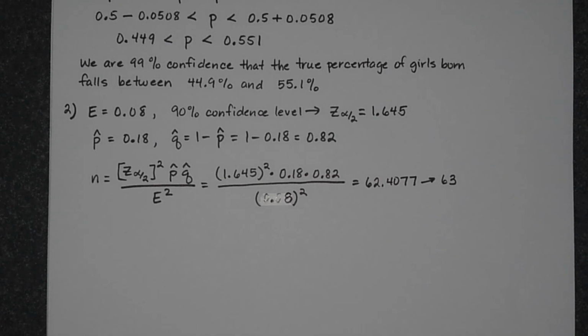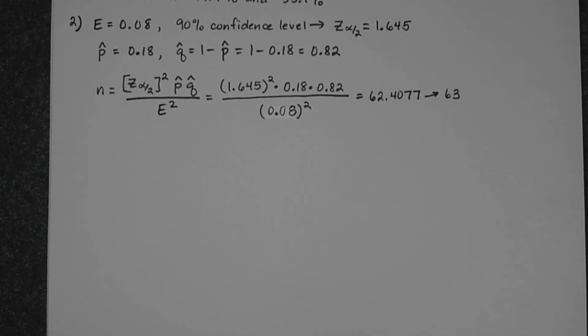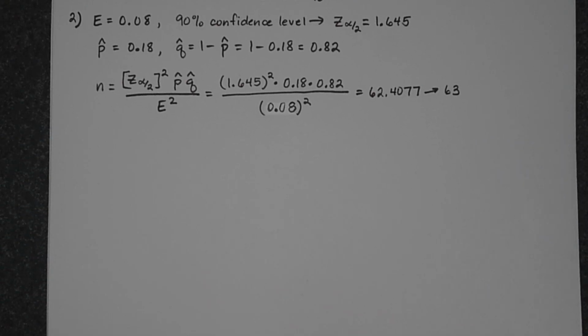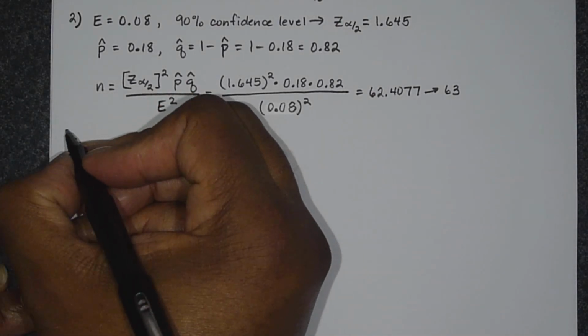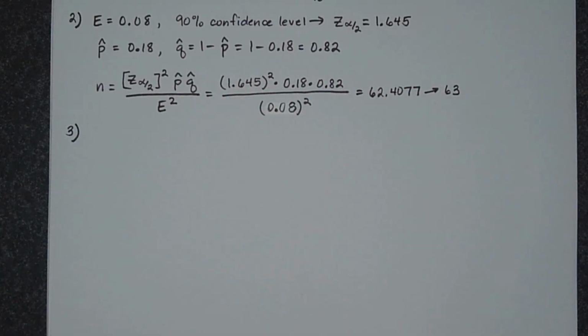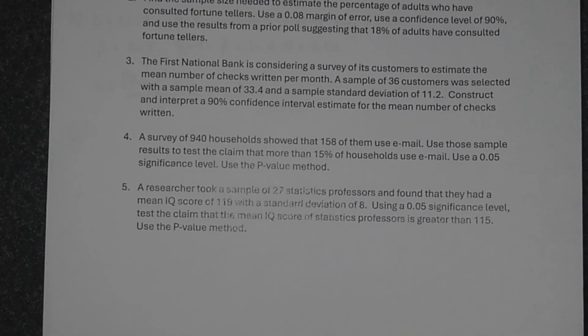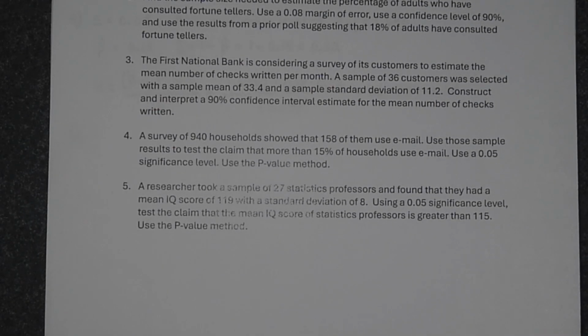All right, any questions on example 2? All right, example 3. Problem number 3. The First National Bank is considering a survey of its customers to estimate the mean number of checks written per month.